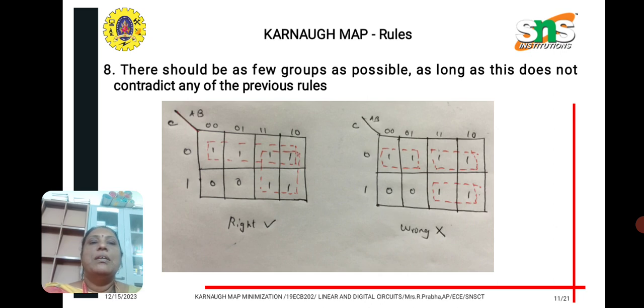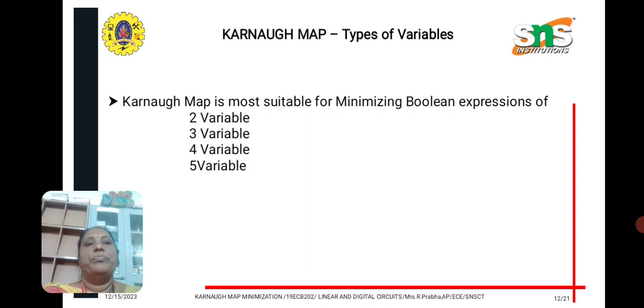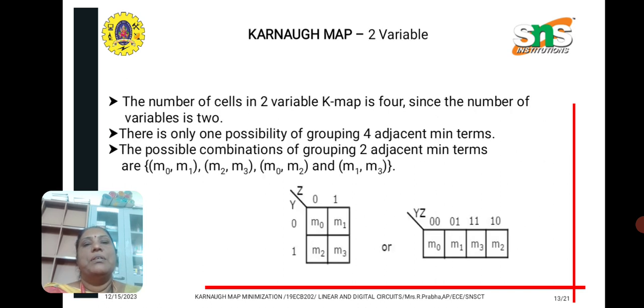So there should be as few groups as possible, as long as this does not contradict any of the previous rules. And in the Karnaugh map, there are many types of variable Karnaugh maps available. One is 2 variable Karnaugh map, 3 variable, 4 variable and 5 variable.